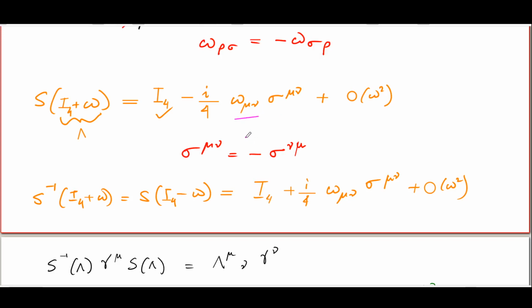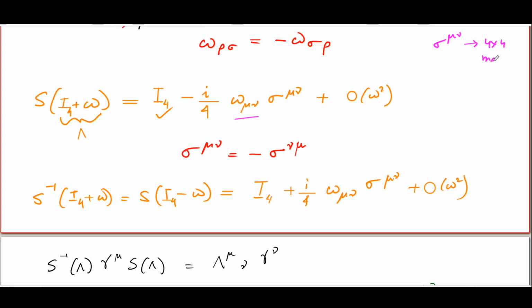This is something which is very important to realize, that omega mu nu's are elements of the omega matrix, but they are themselves just numbers. However, S itself is a 4x4 matrix, so this whole term here must be a 4x4 matrix, and that tells us that each of the sigma mu nu's must be 4x4 matrices.